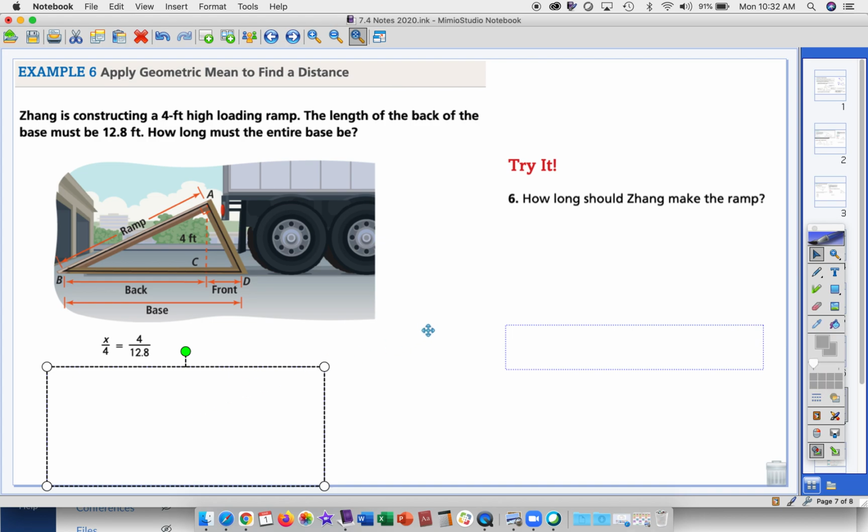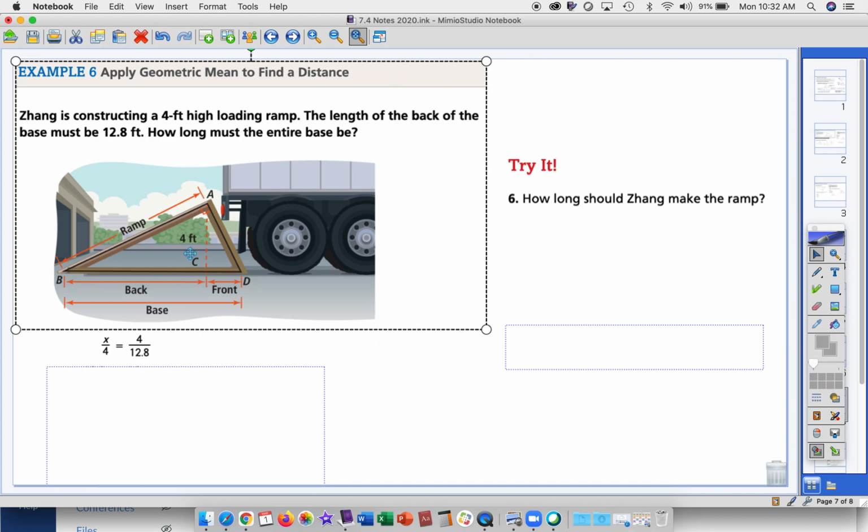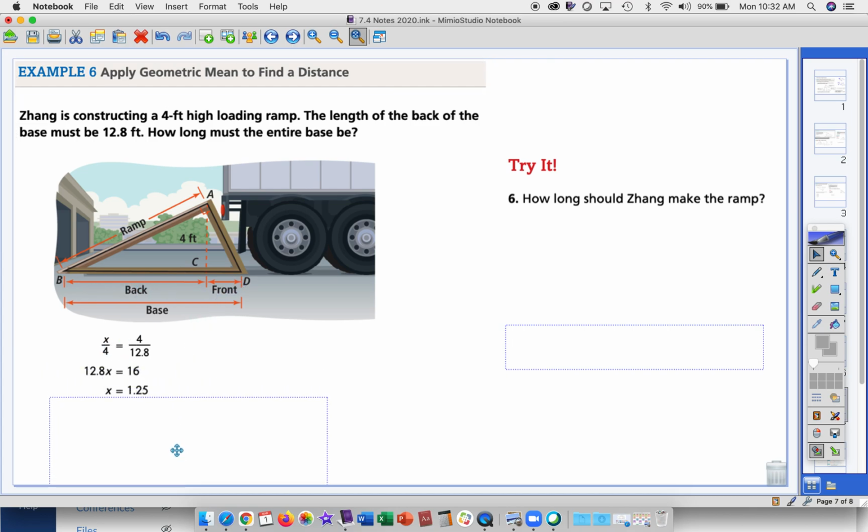Okay, so we can set up the proportion. 4 is the geometric mean of the back and the front. We know that the back must be the 12.8, the front is the unknown, which we have to solve for in order to get the whole length of the base.